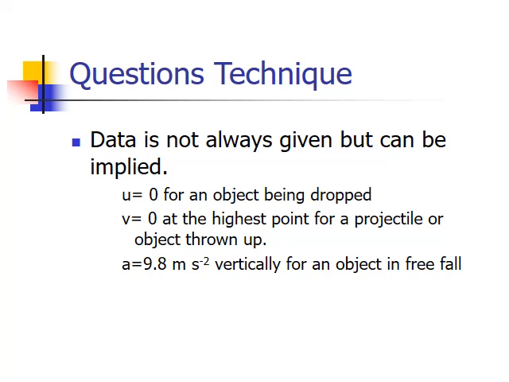If you're throwing up an object, then when it gets to the top, so here's my ball going up, when it gets to the top, it has a velocity of 0. So we can use that to work out the maximum height. And if we're in constant acceleration looking at vertical objects, then acceleration is 9.8 meters per second squared.